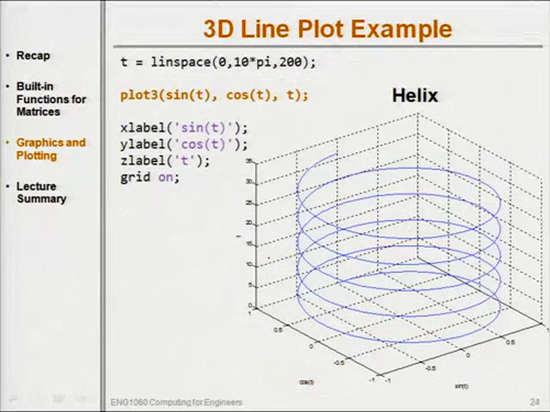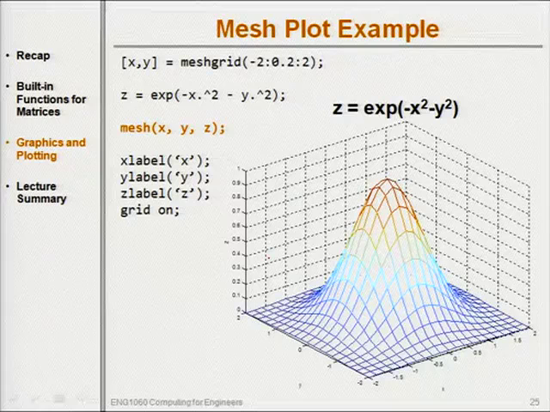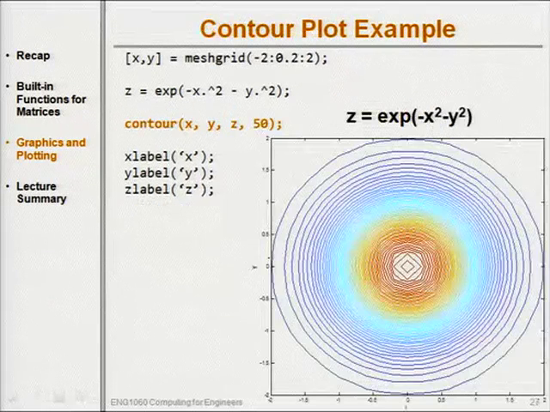But what that does is you can get cool graphs that look like this for a 3D. A mesh plot would be something like that. So this is handy if you're trying to plot the elevation on a property. So if you work for a company that you're doing elevations, you can plot the topography of a land using mesh plot. You can do contour plots as well.